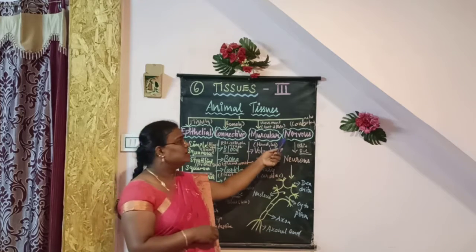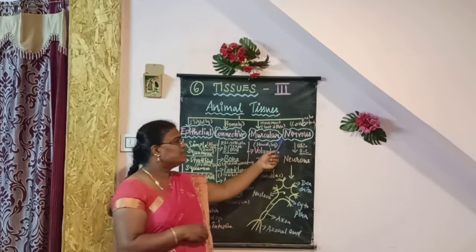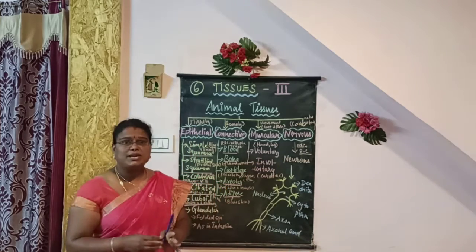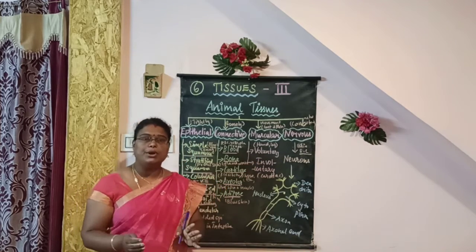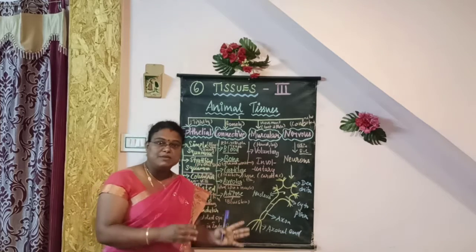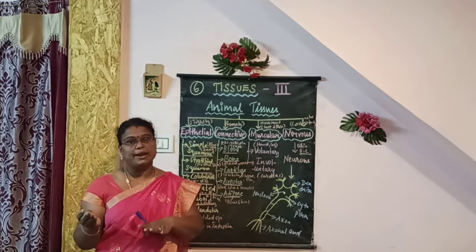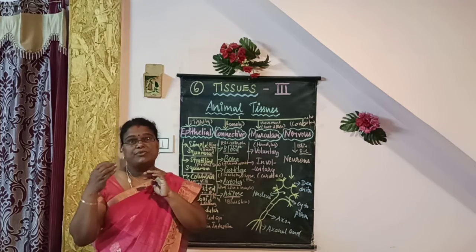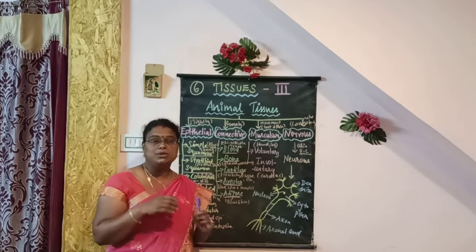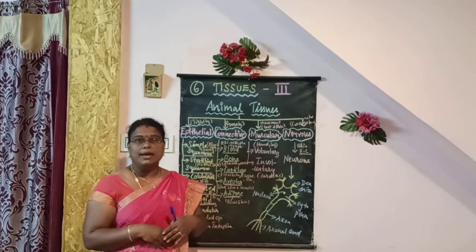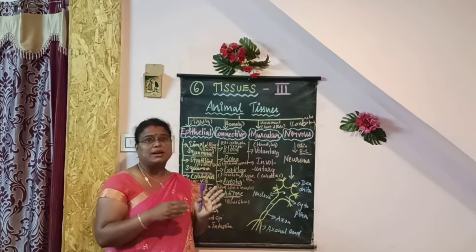And the last one is nervous tissue. Nervous tissues are the specialized tissue which plays an important role in transmitting the message from the environment to the brain, and again the message from the brain to the muscle to respond according to the environment. So this is a connected one.